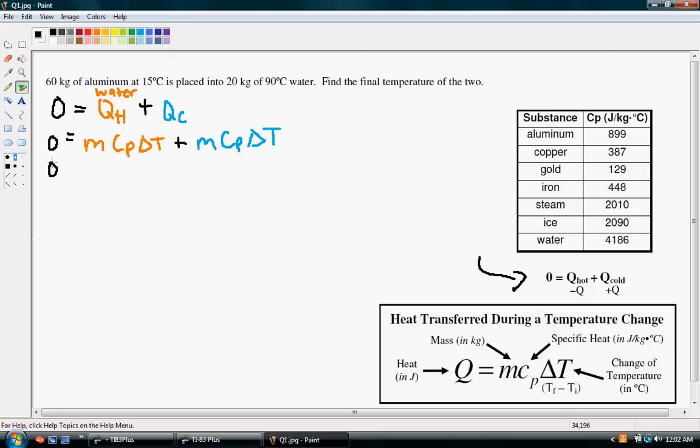Alright, so now we start plugging stuff in. The mass of the water was 20 kilograms. The specific heat of water is actually very high. It's 4,186.